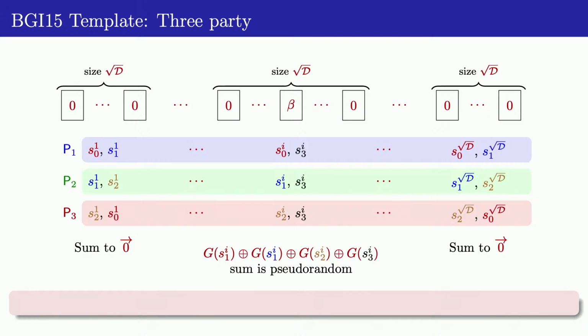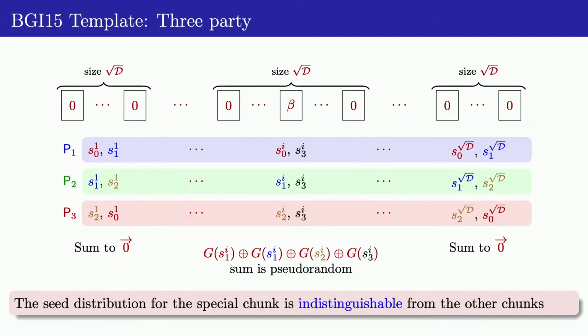For example, in the special chunk, you get S3 twice, and then you get 2 other seeds. And this is the same case for the non-special chunk, where you get one seed twice and 2 different seeds. Okay, makes sense? So this is why this seed distribution process is indistinguishable for the special chunk and the non-special chunks.